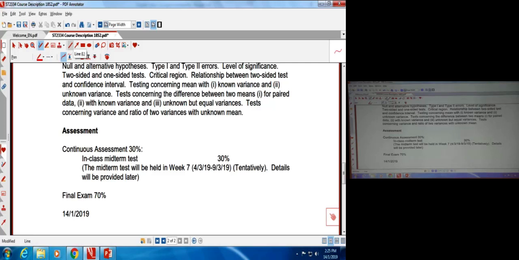At this point of time, the chance of open book, for the midterm test or final exam, is almost zero. I have to talk in probability, right?